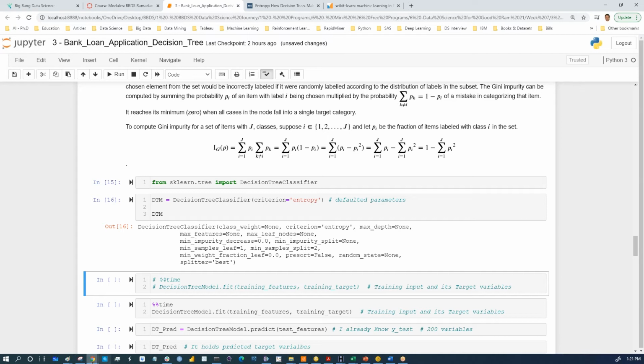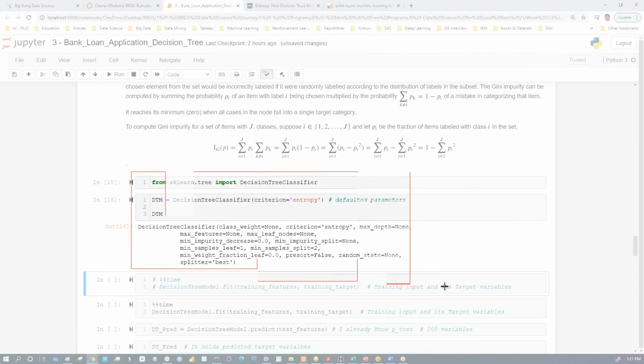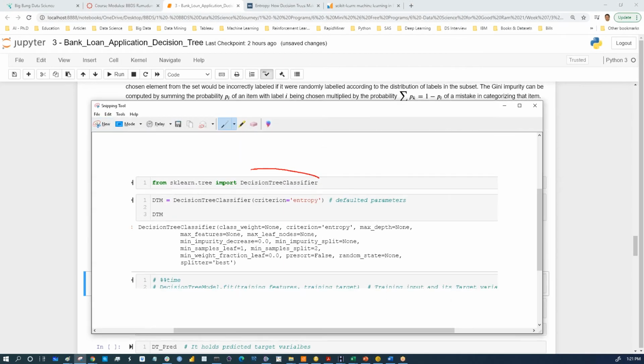So these are all the parameters available for this decision tree. This method comes with all these parameters. It has class weight none, criterion is entropy, max depth is none, max features is none.